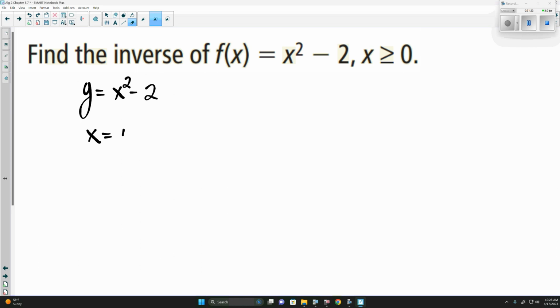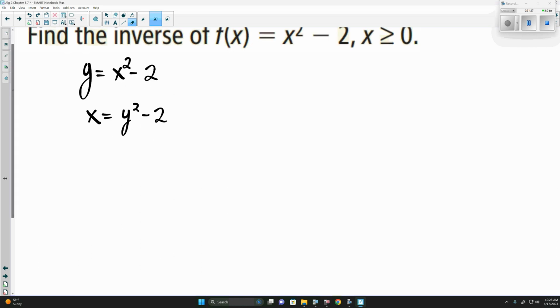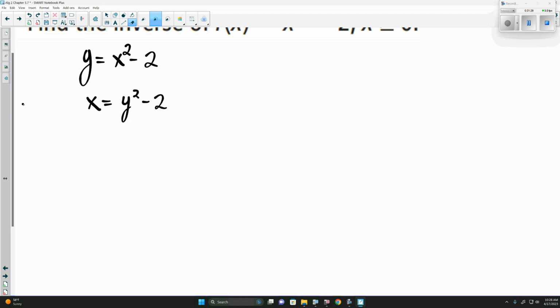Say that x is equal to y squared minus 2. Then our next step would be to what? We would add 2 to both sides to get y squared by itself. And adding 2 to both sides will tell us that y squared is equal to x plus 2.